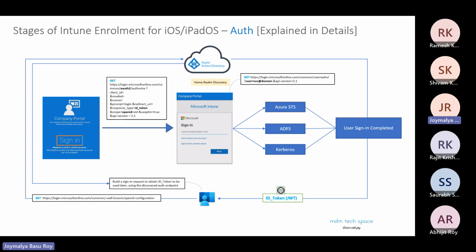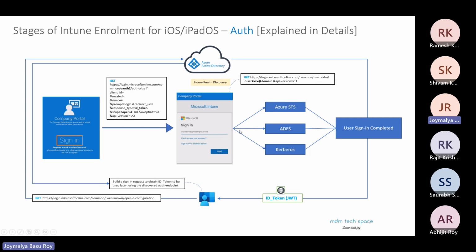In case of only Azure STS, it's an OAuth token, because this is purely cloud only authentication. So cloud authentication, you get an OAuth token back. But ADFS and Kerberos both are on premises. And in this case, this response line that is going back is a SAML response back to the service.